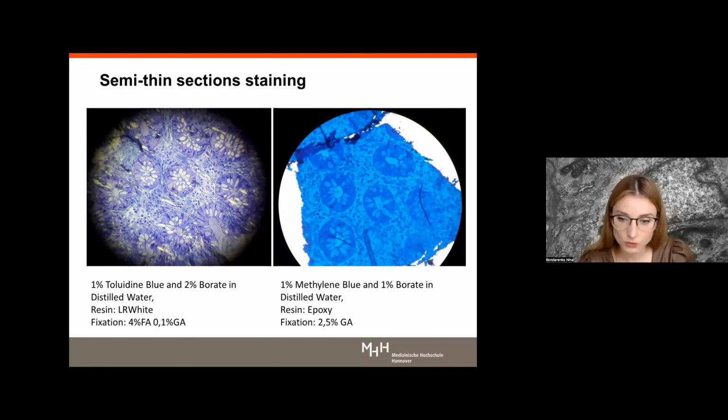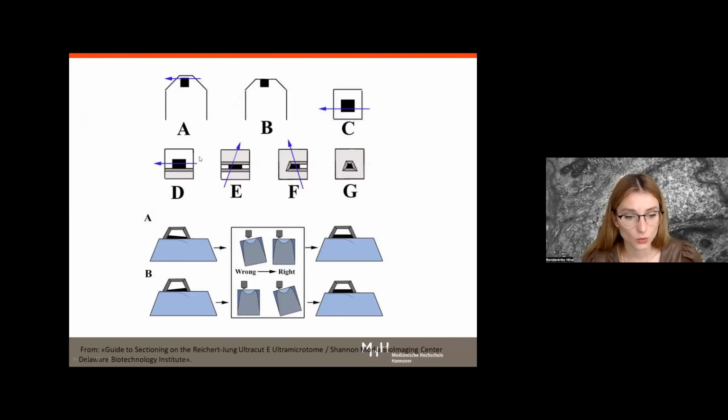When we realize which part of the tissue we would like to analyze under the electron microscope, we cut the block again in the area of our interest. So we cut this block once again, choose a specific place for further investigation, and cut once again.